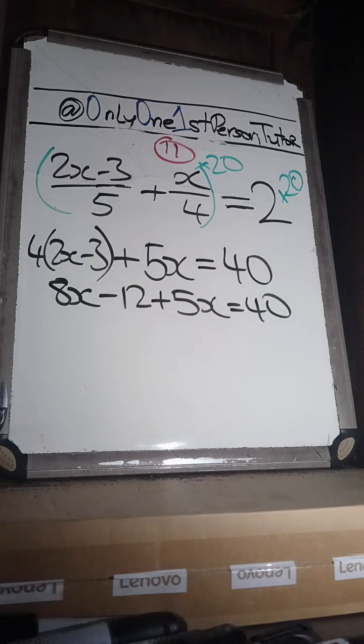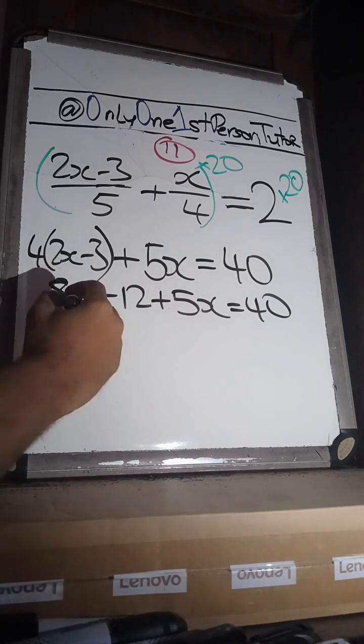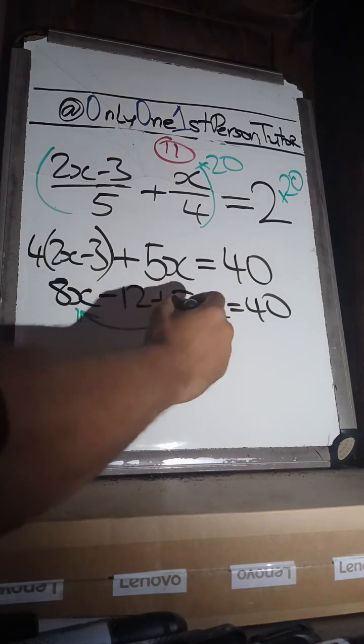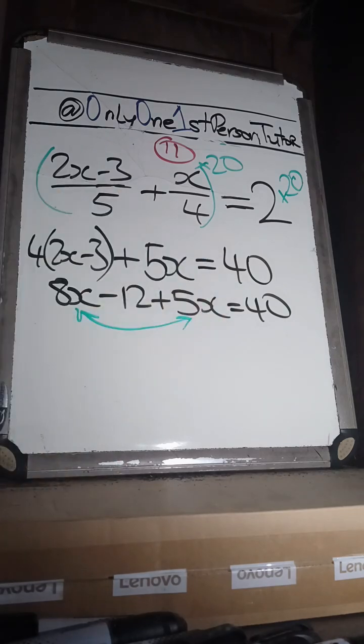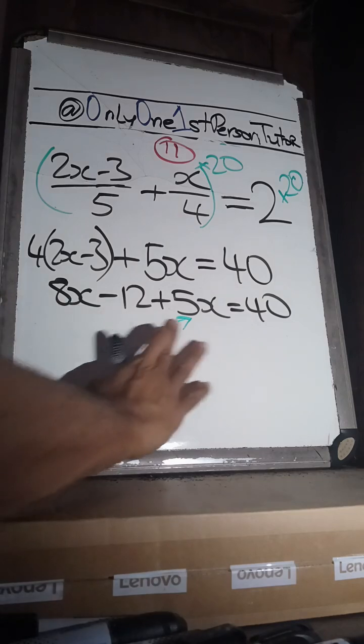Okay. So now what we're doing, you know, birds of a feather flock together, right? These are already here, so we're not to worry too much about that. And there's a plus sign, so it's not that crazy. So you know you're going to have 8x plus 5x.